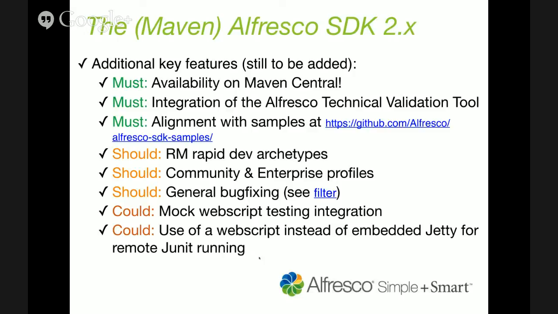One point for the community, but also for enterprise developers, is you might know that Peter Monks has developed a tool called Alfresco Technical Validation Tool, which validates custom developments for Alfresco best practices. This tool is written in Clojure. He provided just over last weekend a Java API to call this tool.